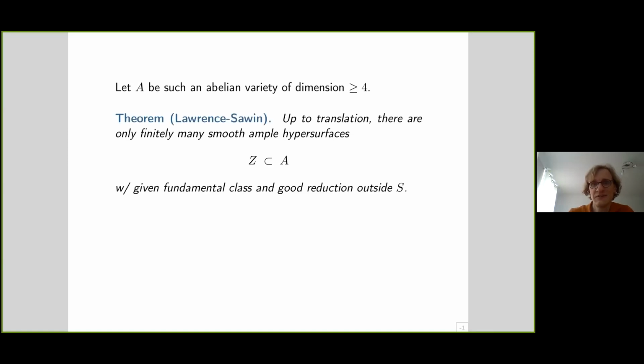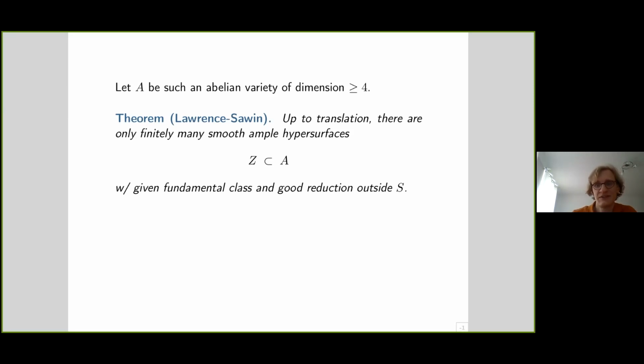Then what they show is that up to translation, there are only finitely many smooth, ample hypersurfaces Z inside A, all defined over this number field, which have a given fundamental class, say in the Néron-Severi group, and good reduction outside S. So they can be written with equations with integer coefficients, which when you reduce modulo a prime outside S, you still get something smooth.